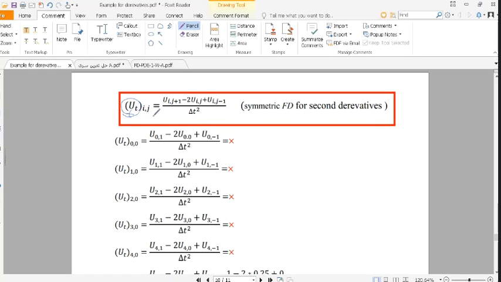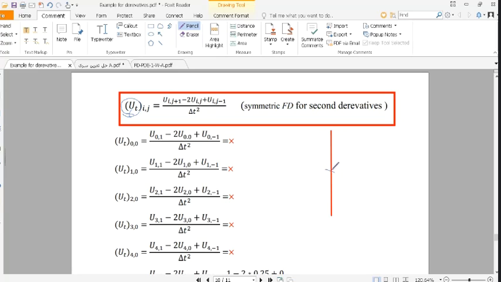Utt ij is equal to u i, j plus 1 minus 2 uij plus u i, j minus 1. This derivative is the second derivative of u with respect to t. For the second derivative of u with respect to t, by using the symmetric finite difference, we should use 3 points.